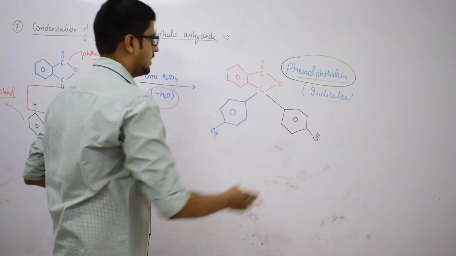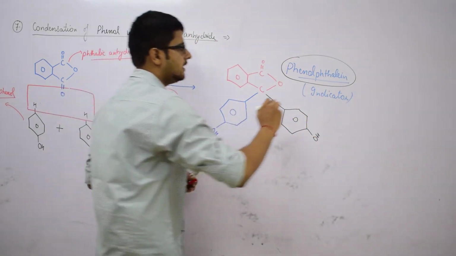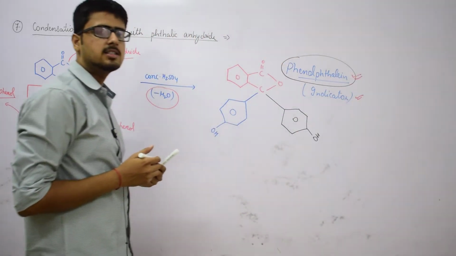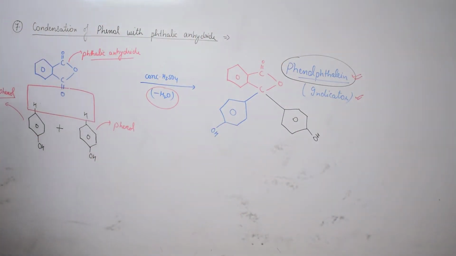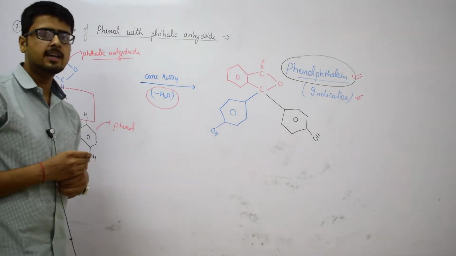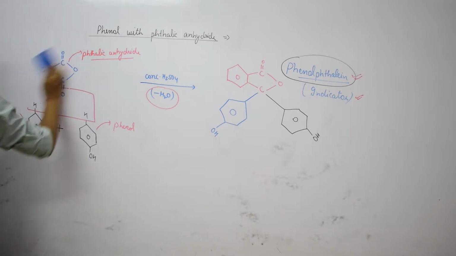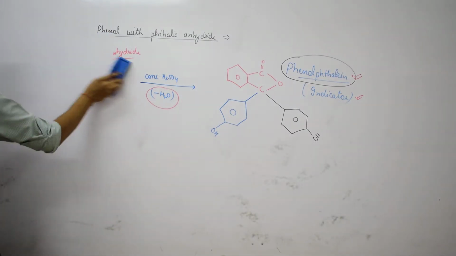This compound is called phenolphthalein, and it is used as an indicator in acid base titration reactions. Now, let us see the next mechanism, the 8th one.